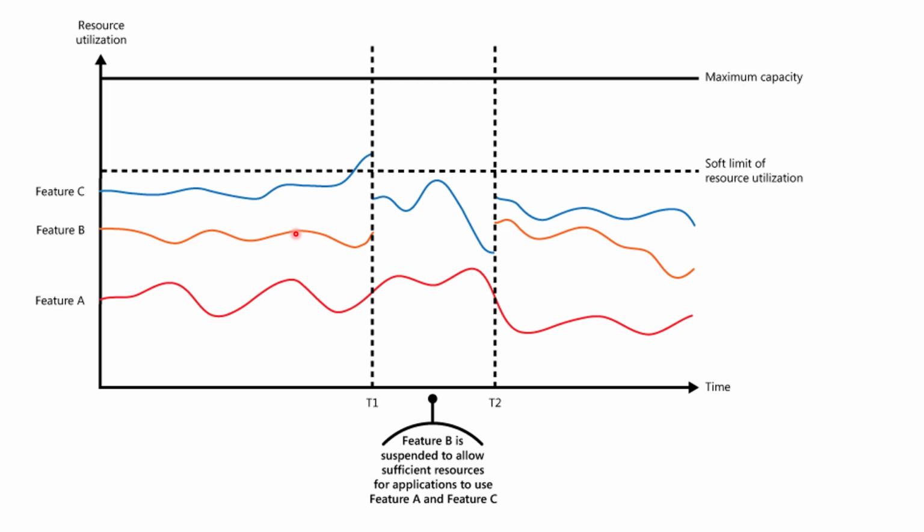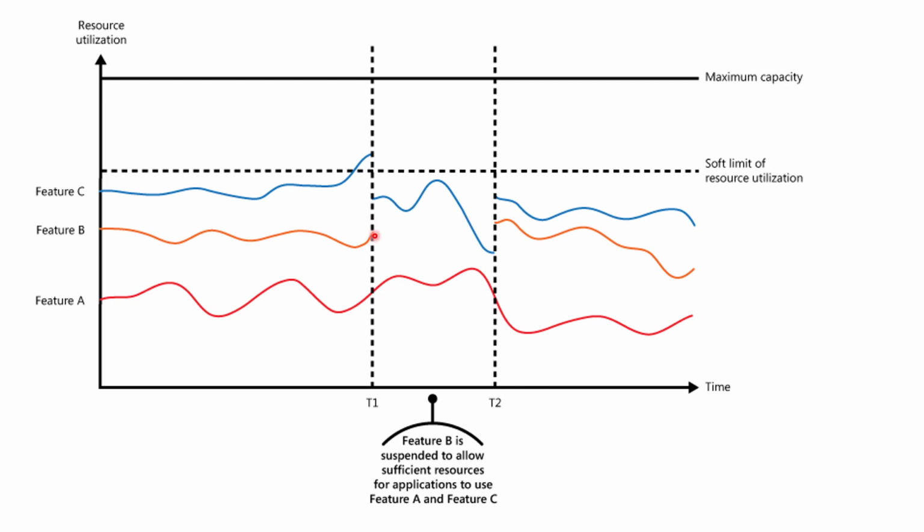And let's have a look at this graph to help us understand it better. Let's assume that our service has 3 features, A, B, and C. And this is the time. And at T1, we started to hit the throttling limit. And what we are going to do in this case is we stop the execution of feature B because it's a non-essential feature.